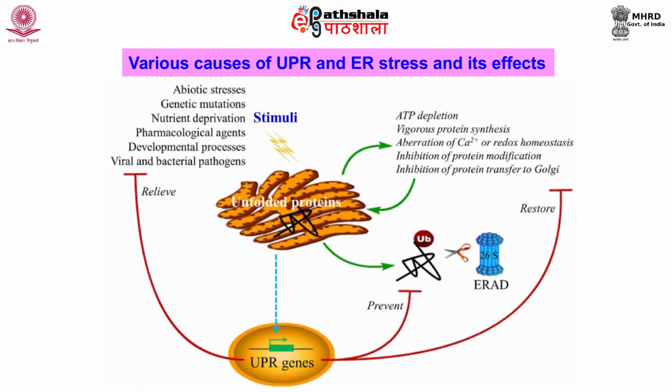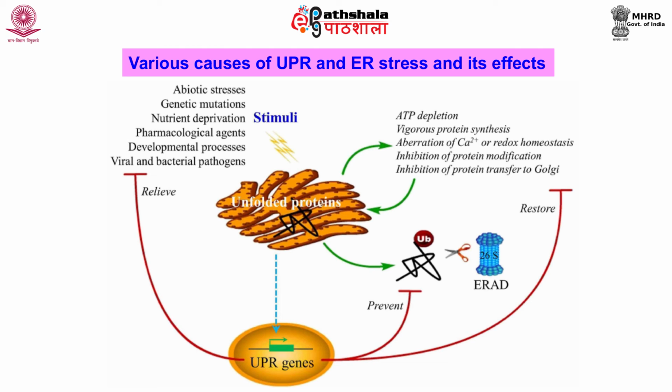This response may be induced by pharmacological chemicals, reductive or oxidative agents, as well as non-steroidal anti-inflammatory agents which impose stress on ER by causing vigorous protein synthesis, imbalance of ER calcium and redox. It also inhibits protein modification or transfer to the Golgi body.